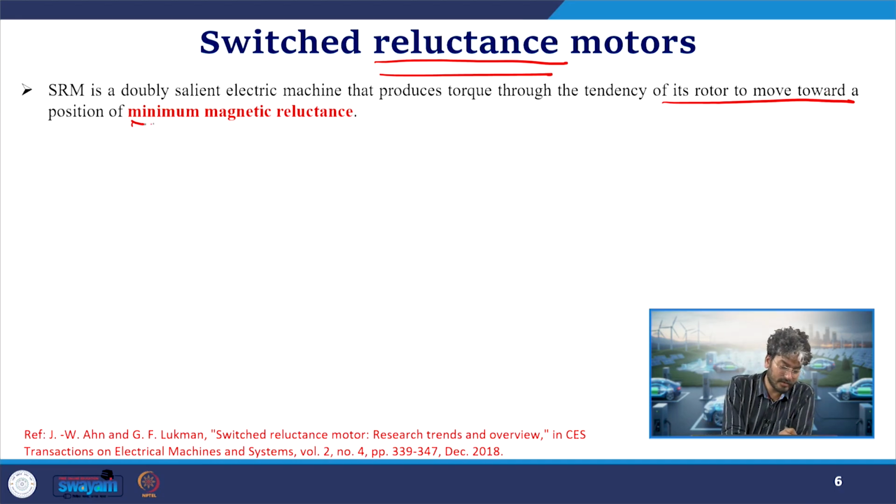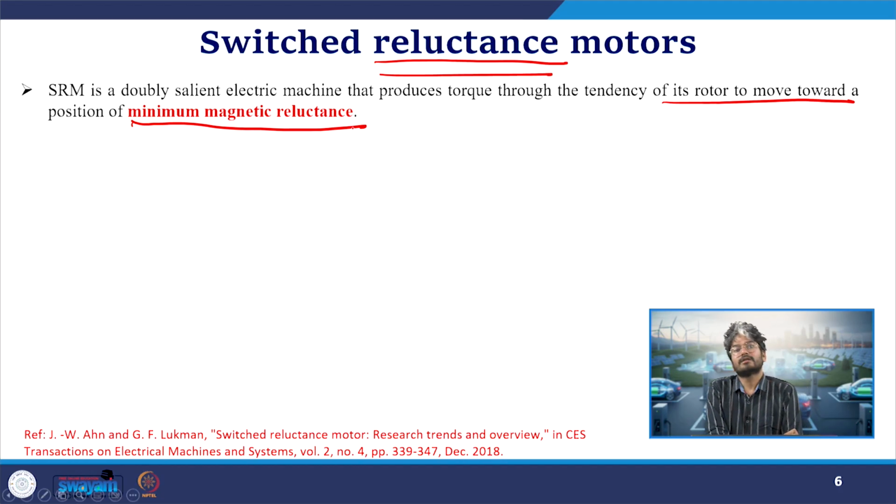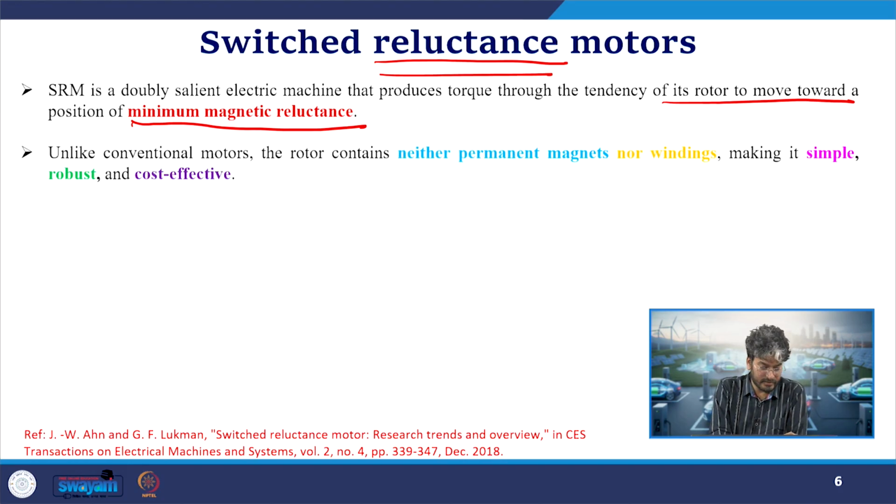The main operating principle of this machine is the tendency of a magnetic material to align itself towards a minimum opposition path, that is, the minimum magnetic reluctance path. Unlike conventional motors, the rotor has neither a permanent magnet nor a winding.